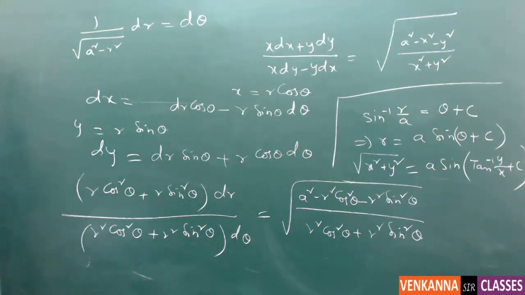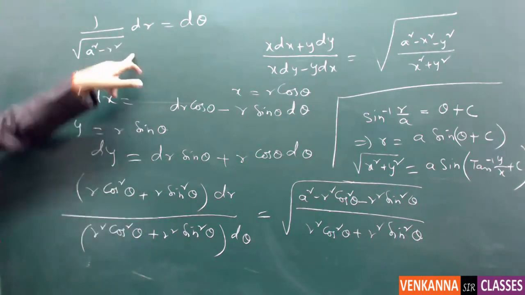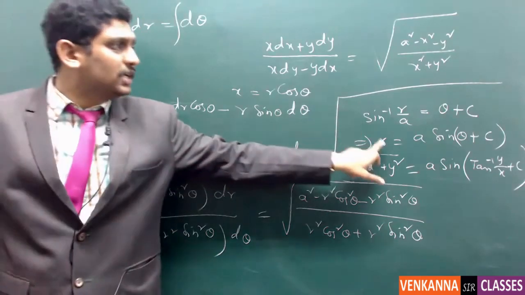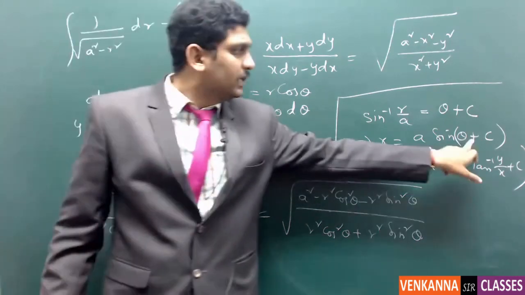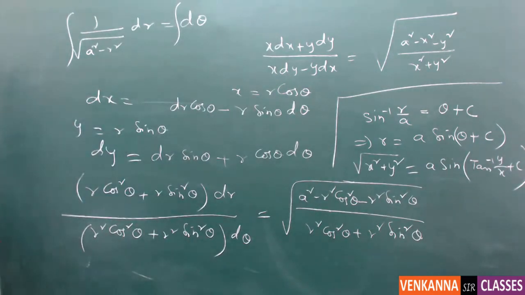Please check on that. If you simplify, this is the thing. You go for variable separable, you integrate the value, and this is the solution. In place of r, substitute the r value, and in place of theta, substitute the theta value, because we have y by x is equal to tan theta earlier. So theta is equal to tan inverse y by x. So square root of x square plus y square equals a into sin of tan inverse y by x plus c is the final answer.